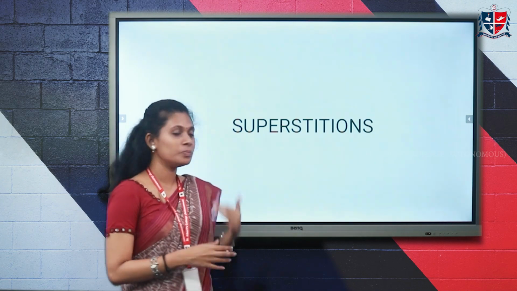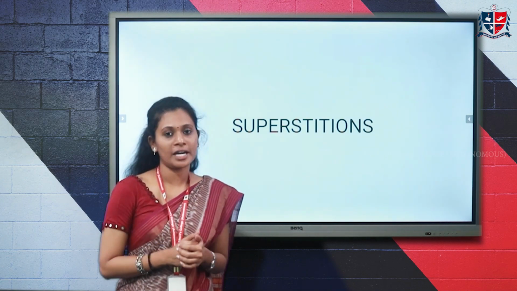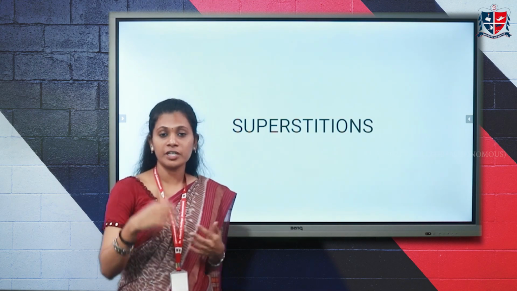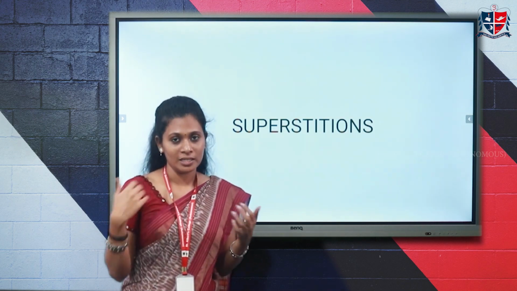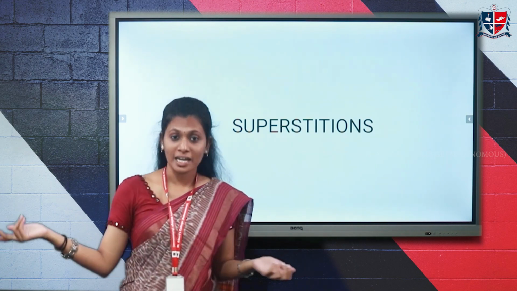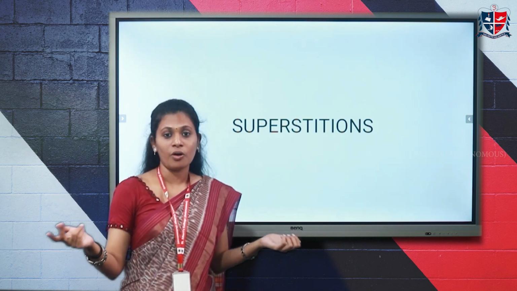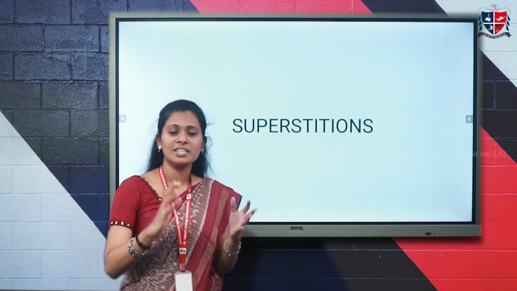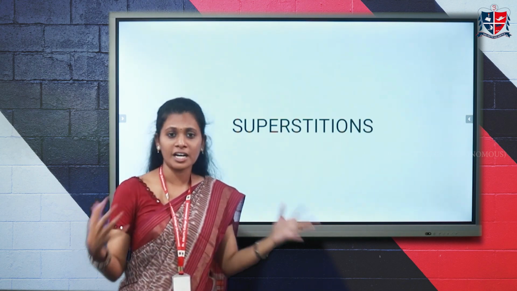So, superstitions, we all come across various superstitions. Even if we do not follow some, we have heard many of them, be it the black cat crossing the street, or the mirror, or the number 13, all these kinds of things.